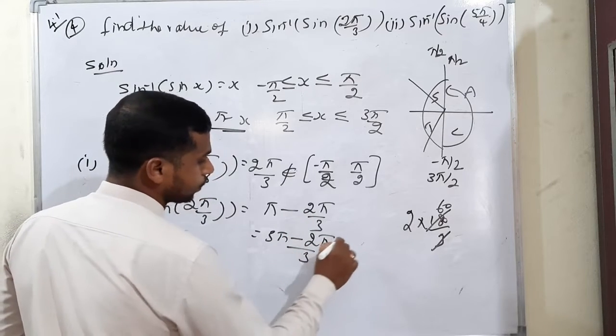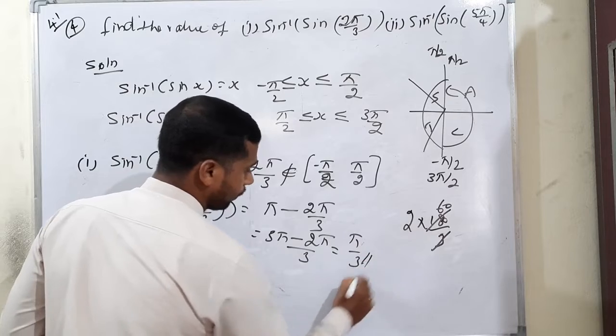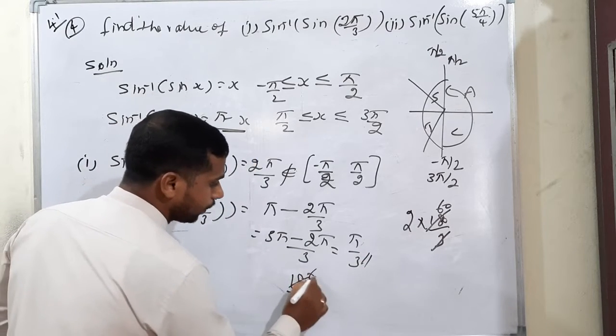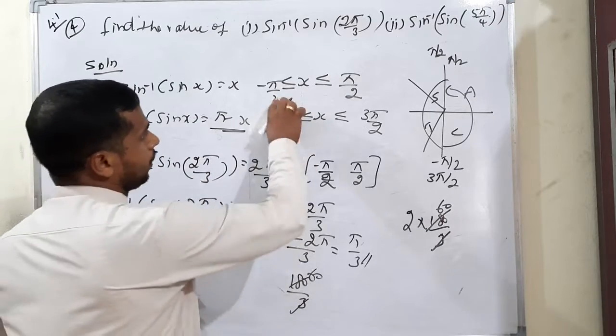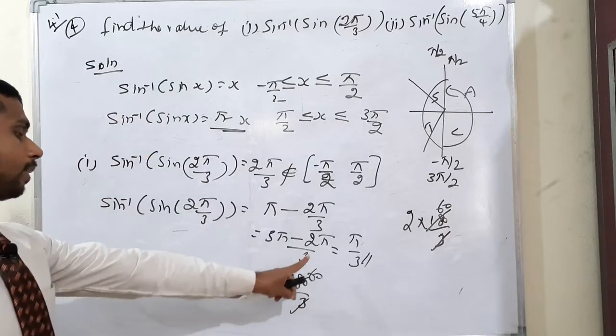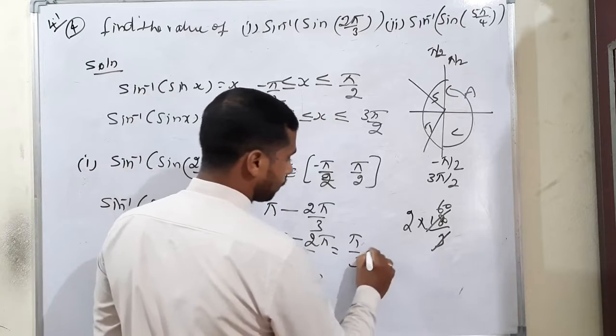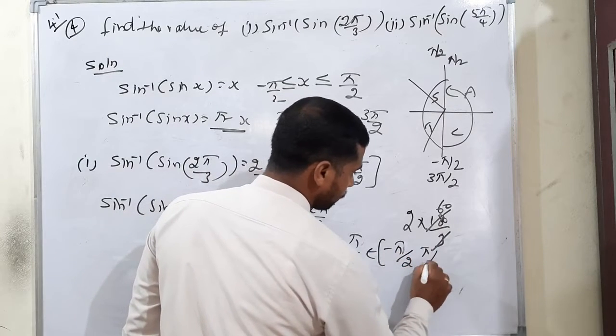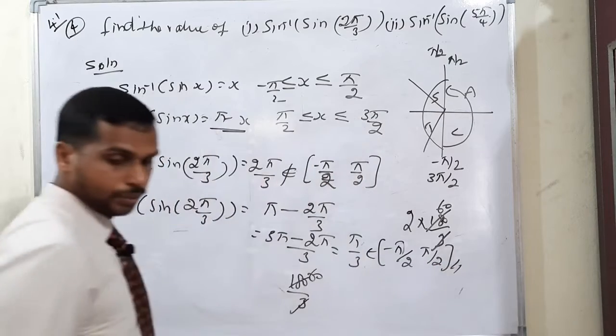Therefore 3 pi minus 2 pi is pi by 3. Now you can check it. Pi value 180 divided by 3 is 60. See, it is between negative 90 and positive 90. Our answer is also correct. So pi by 3 belongs to negative pi by 2 to positive pi by 2. This is the subdivision 1 answer.